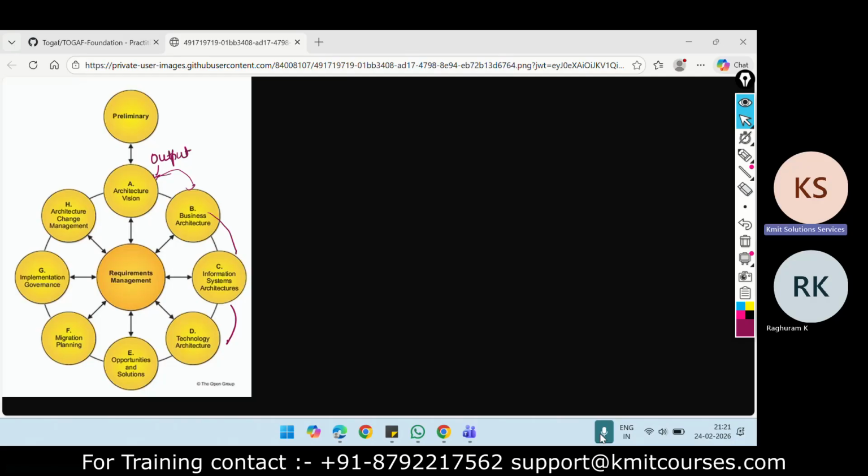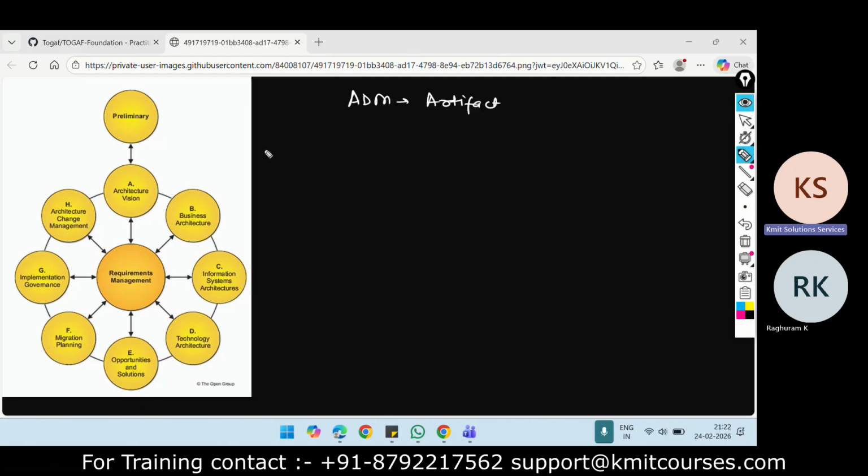So what is an artifact? The documentation, proof of concept. Yes, an architectural work product is basically the artifact. That's correct.